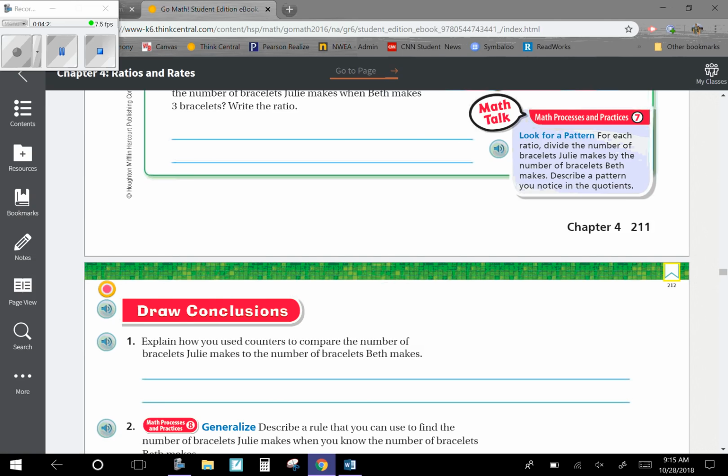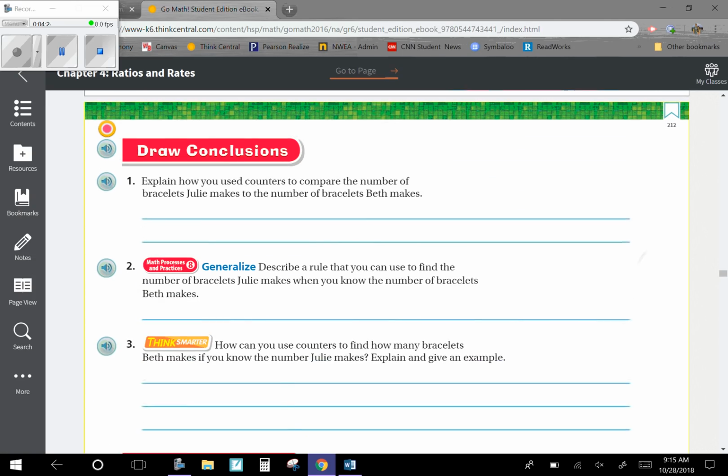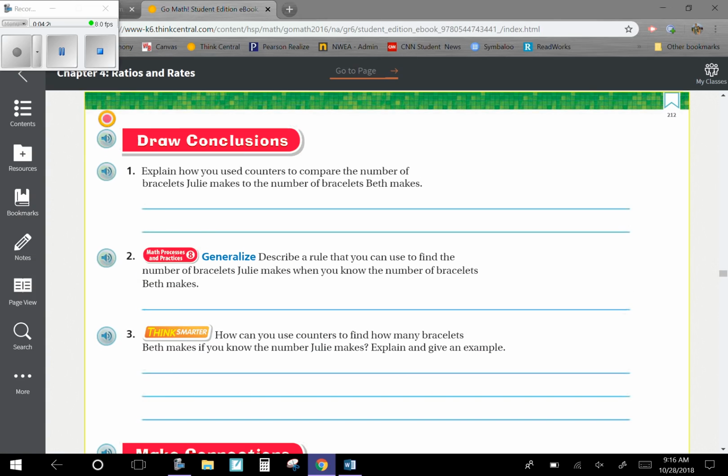Draw conclusions. Explain how you use counters to compare the number of bracelets Julie makes to the number of bracelets Beth makes. I'm just going to talk you through this, but you need to actually write it down. So make sure that you are writing this in your books for use later on. So I used red counters to represent Julie's bracelets and yellow counters to represent Beth's bracelets.